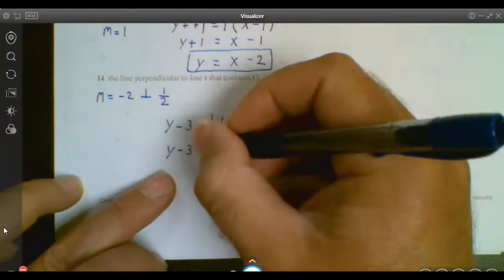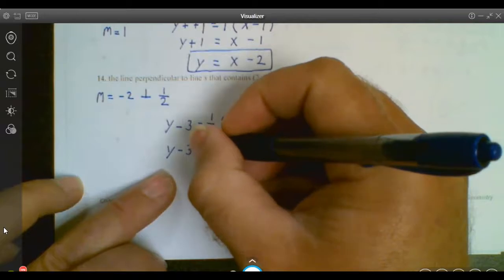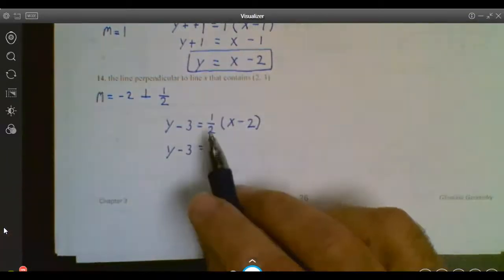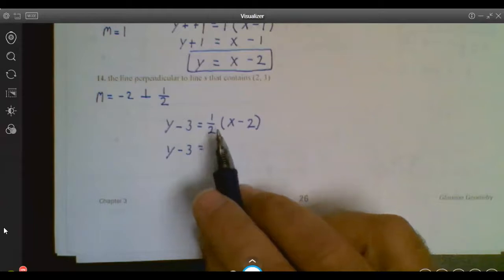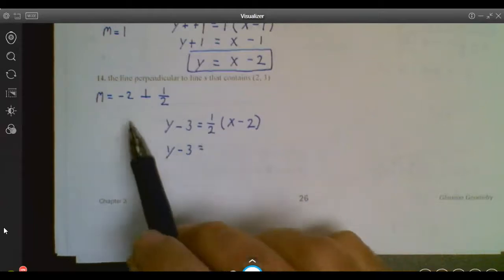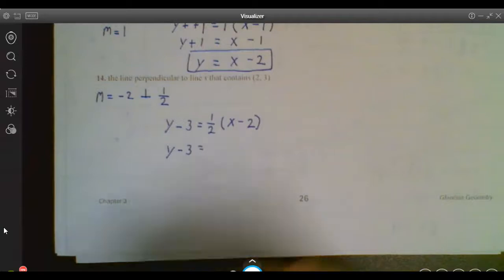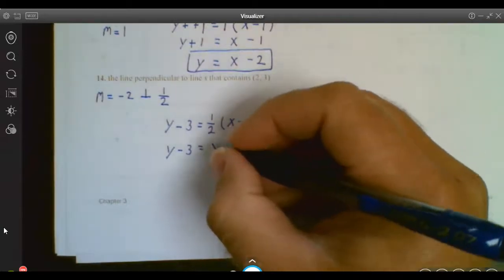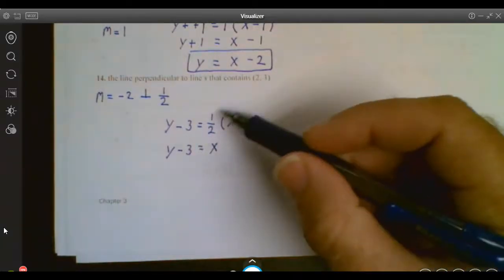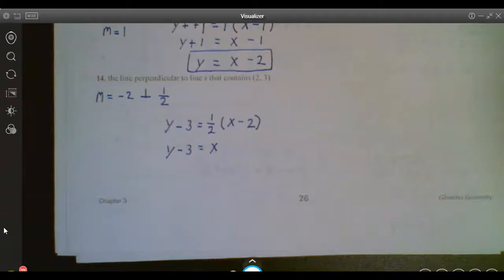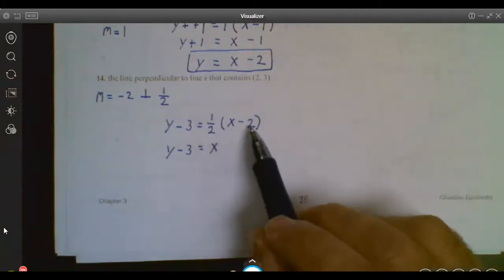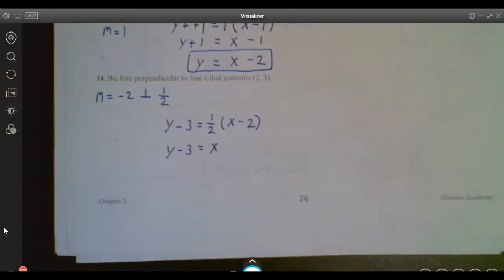Remember that I showed in the last video, at the end of the last video, if you're ever concerned with using a fraction, I showed you a way of getting rid of the fraction. So you could do that here. I could multiply both sides by 2 and get rid of my fraction. The only reason I'm not doing that on this problem is because when I distribute, he's actually going to get rid of himself, right? Because when I do half of 2, I'm going to get a whole number. I'm not going to still have a fraction, right?